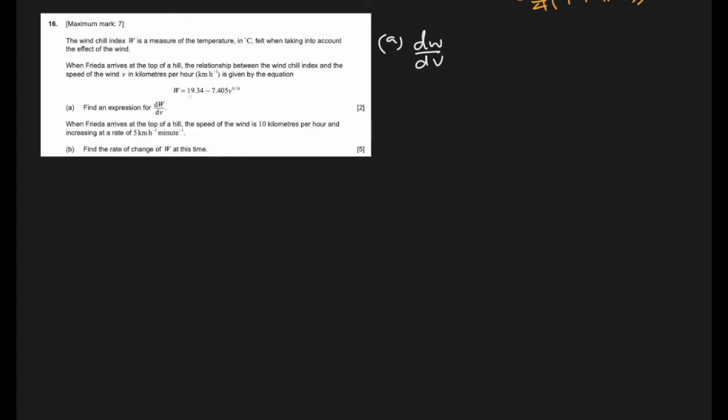Since 19.34 is a constant, leave it. Its differentiation will be 0. Minus 7.405, and we will bring 0.16 in front, and V to the power 0.16 minus 1. This will be the differentiation. So dW over dV is 0.16 multiplied by 7.405, which is 1.1848 and negative.